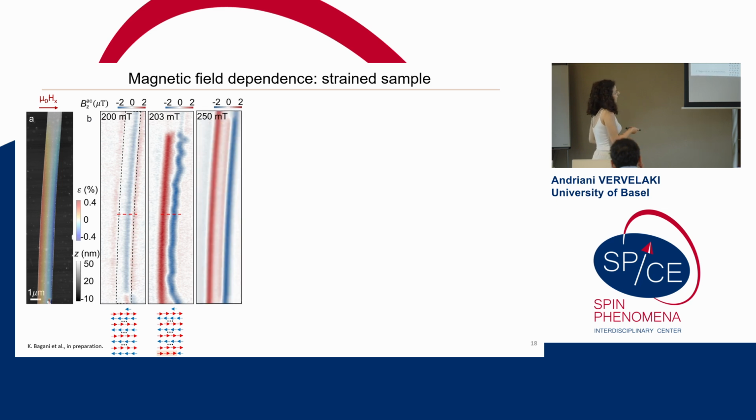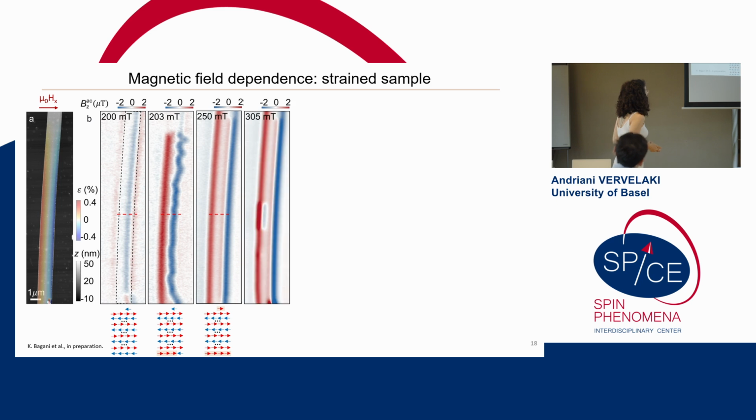Increasing now the field further, we see that the bottom layer has now fully flipped. So we see the contrast at the edge of the flakes, while also from a very small magnetic contrast that we see on this side, the red magnetic contrast, we also understand that the top layer also flipped. Increasing the field further, we start reorienting the inner layers.